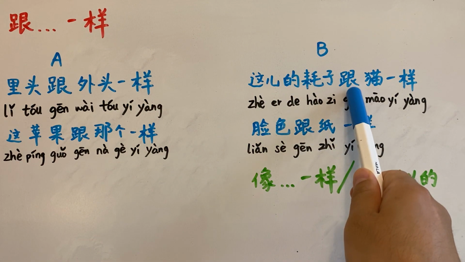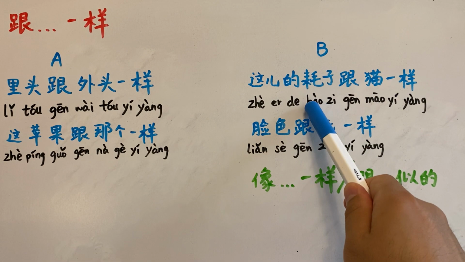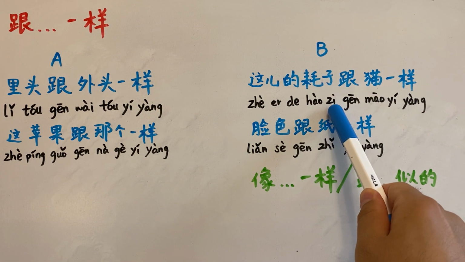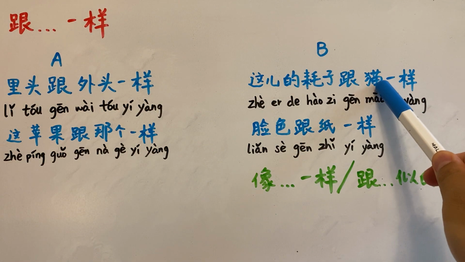这儿的耗子跟猫一样。这儿的耗子, rat. 耗子, this is like a kind of suffix following this 耗子. 这儿的耗子跟猫一样。You may notice I changed the stressed syllable from what I did in group A. 这儿的耗子跟猫一样。So the stressed syllable is on this 猫, cat.